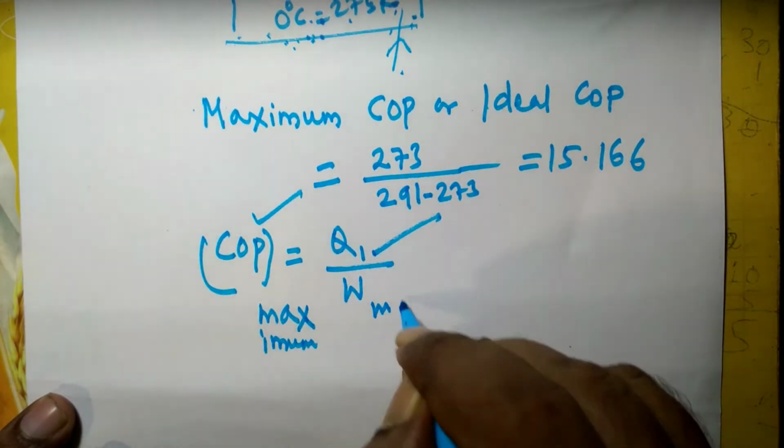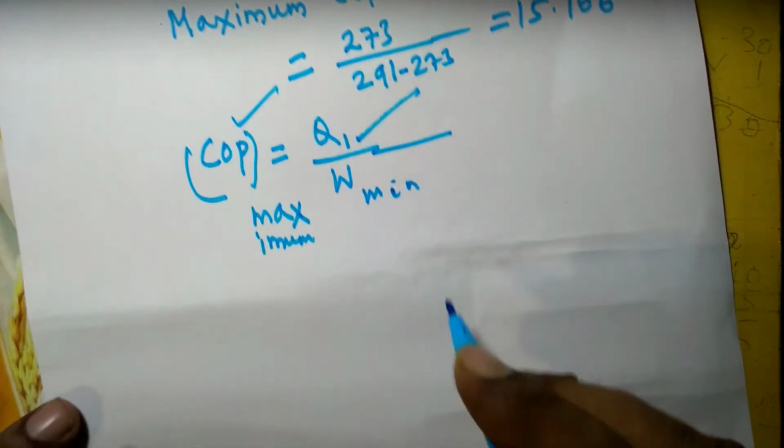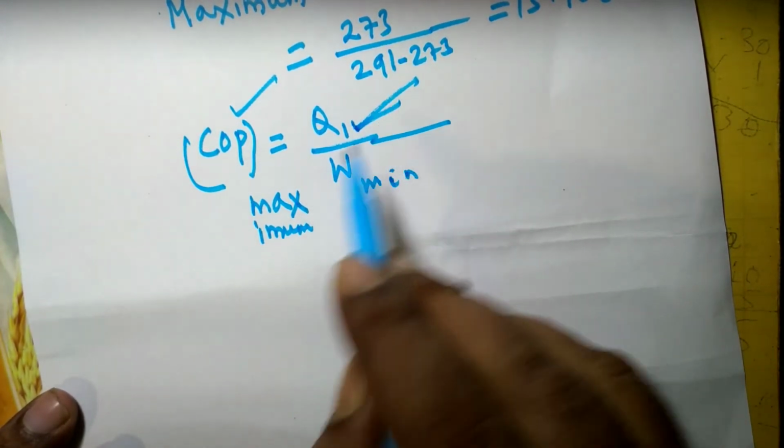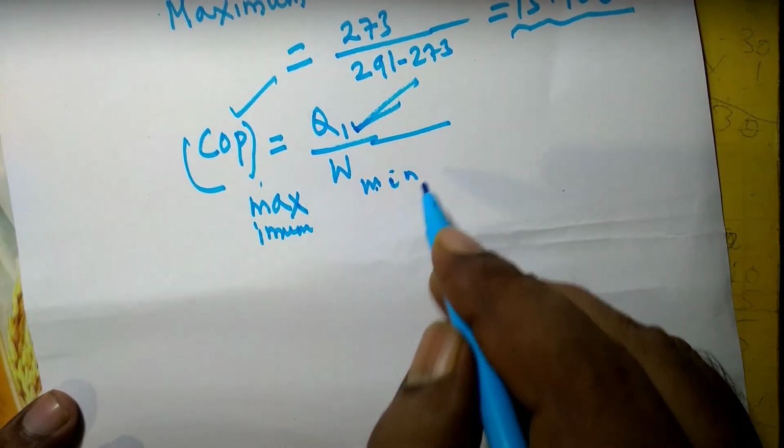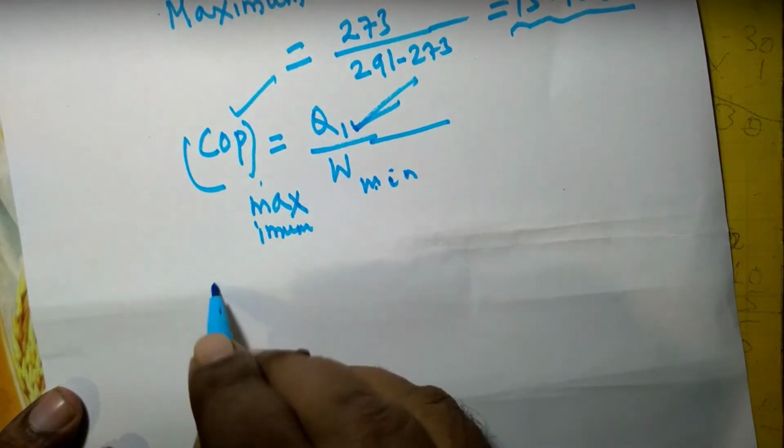So W minimum can be calculated from this. Once you have calculated Q1, then COP maximum has already been calculated, and it is 15.166. So Q1 is how much?